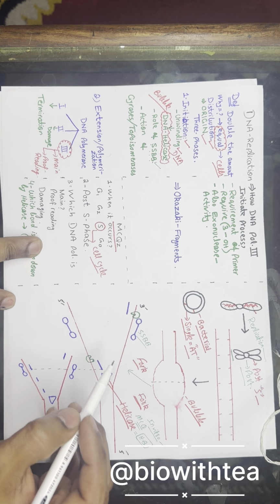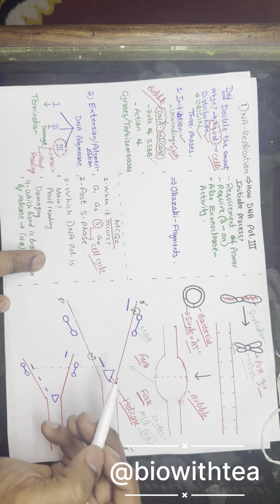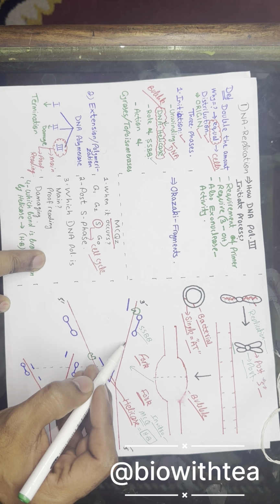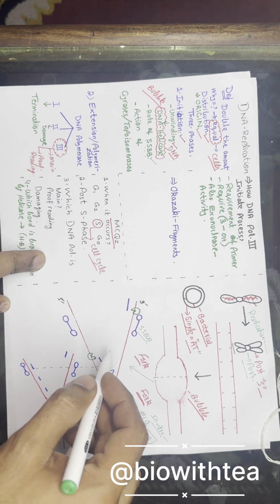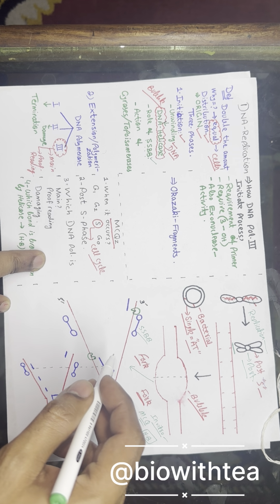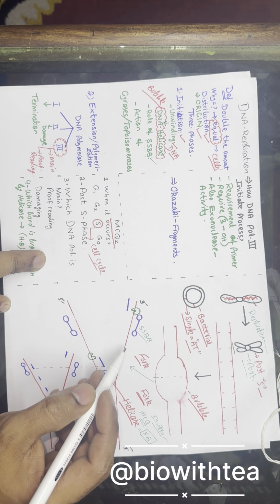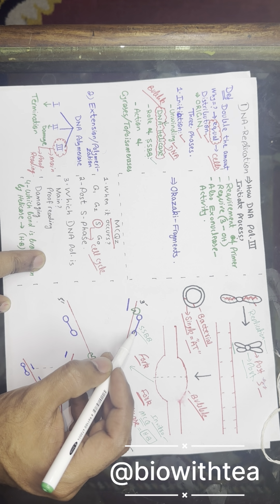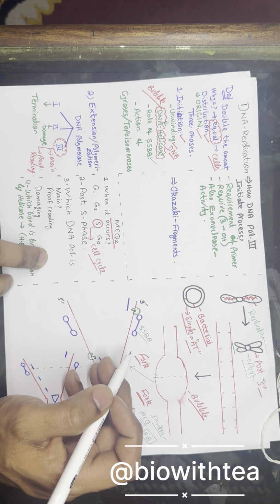The first, they keep both strands separate, and the second, they protect the single strand from being degraded by degrading enzymes, because all this process occurs inside the nucleus, or inside the cell in the case of bacteria. So single strands sometimes become digested by other digestive enzymes. So these single-stranded binding proteins help each strand. So there are the two functions.